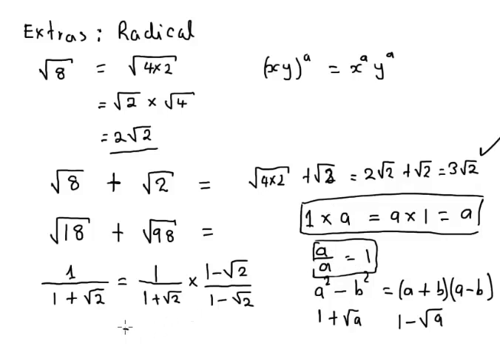Then the numerator is going to be 1 minus radical 2. Then we come to this a squared minus b squared. So it's going to be 1 squared, which is 1, minus square root of 2 squared, square root of 2 times square root of 2, 2, isn't it? So it's 1 minus 2, which is minus 1. Then you can rewrite this as square root of 2 minus 1, and that's all.